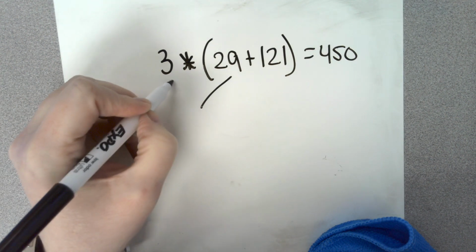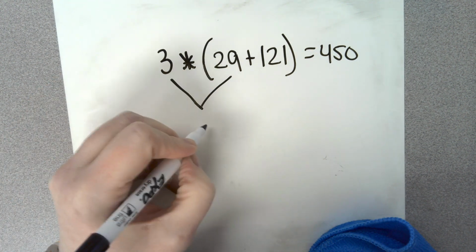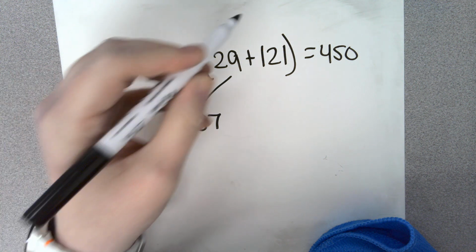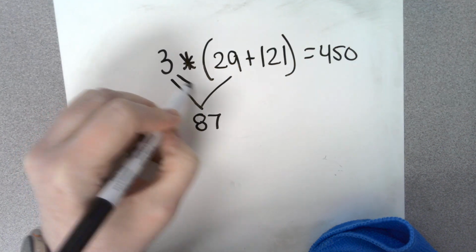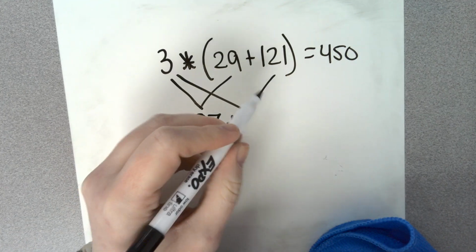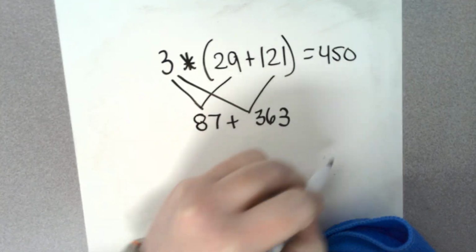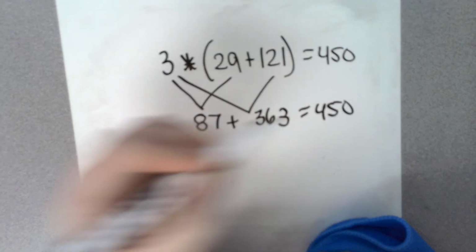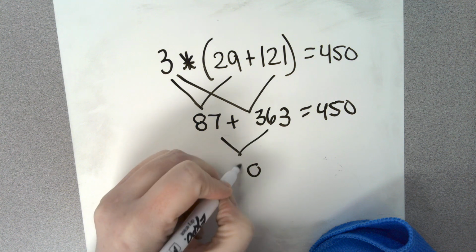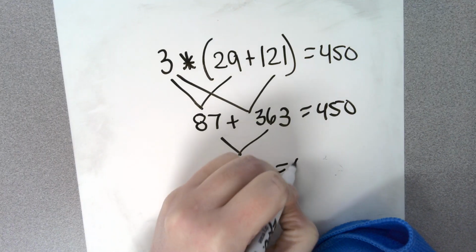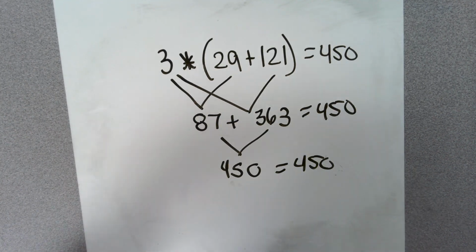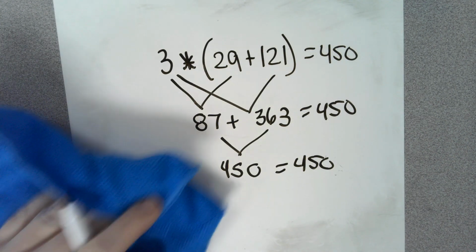You could draw tree brackets so that you know you need to multiply those two together to get 87. And then you have to draw another set of tree brackets. Bring down your plus sign to get the 363 equals 450. Then you add these two together. 10, carry the 1, 14, 15, carry the 1 equals 450. Either way is correct. Whichever way you like to write it is the correct way. And that's how distribution works.